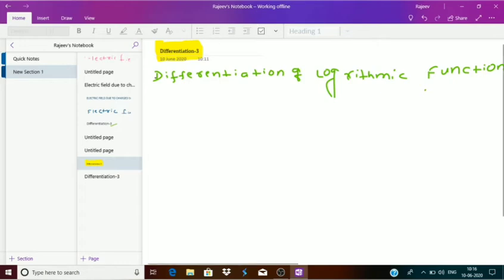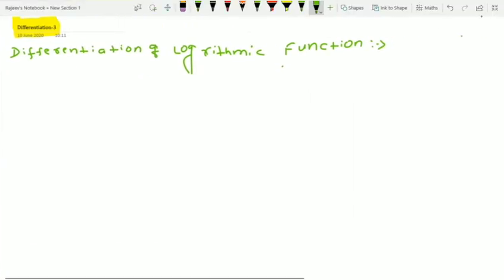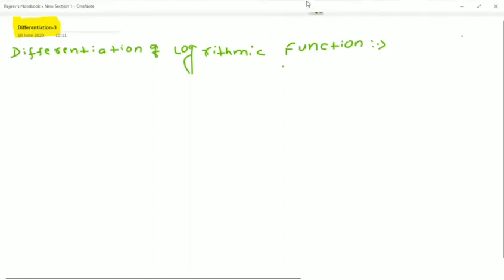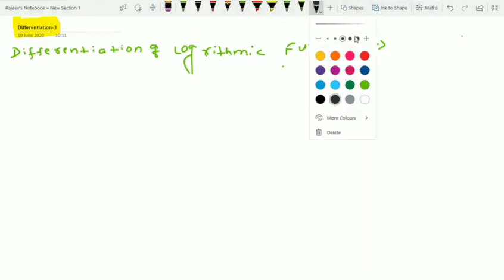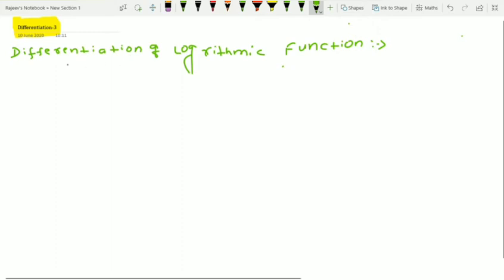Hold, my dear students. Some error is coming here. Okay, fine. So we are going to discuss differentiation of logarithmic function. So what is a logarithmic function? What is its property? I have already discussed, right?